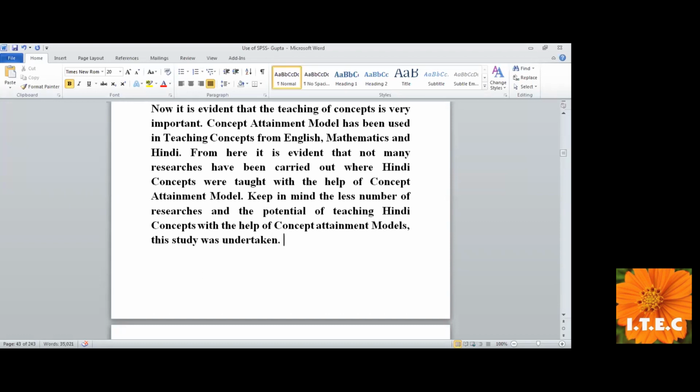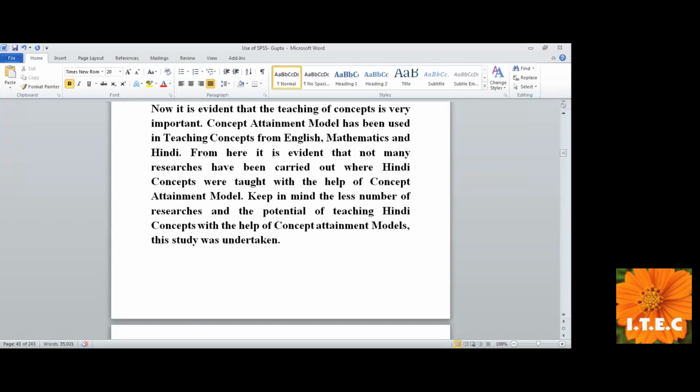And this portion will improve the quality of your thesis. So please try to understand and be very careful when you are writing the rationale of your research.